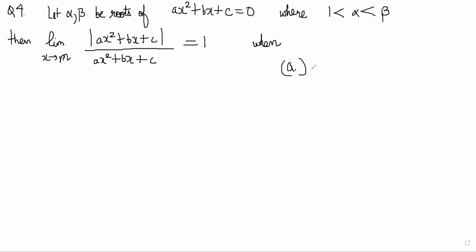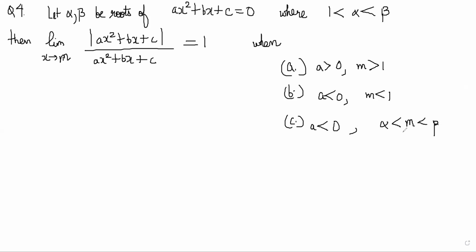a. Actually, this is very easy. I should not have picked this, but yeah. Just tell me. These are the options, okay?